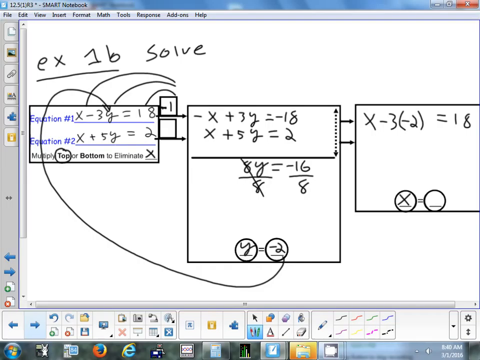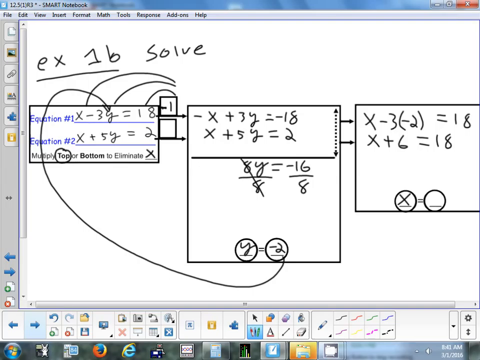Any questions on that? All right, so next thing I have to do is multiply together my -3 times my -2. Okay, what's -3 times -2? Yep, positive or negative? Positive. Plus 6.